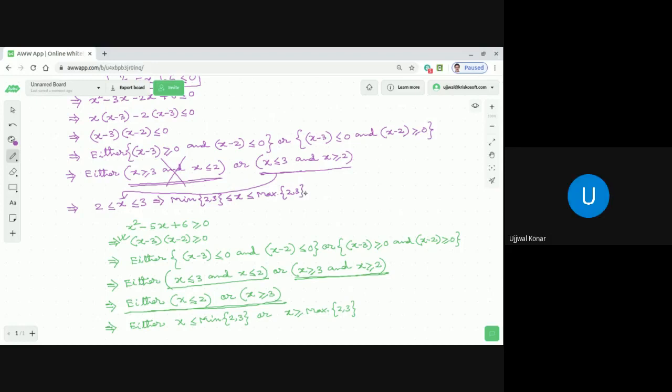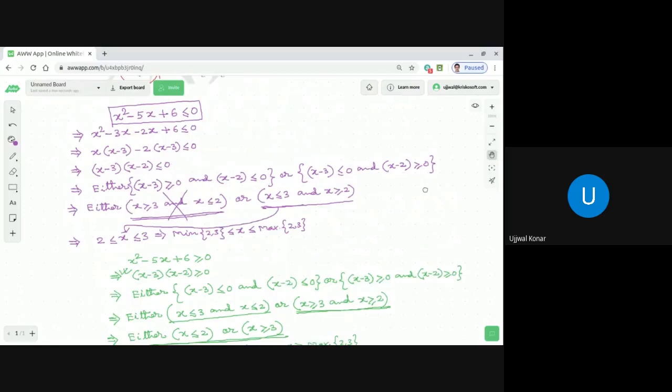So that gives us a big lesson. What is the lesson, dear students? When you have x minus 3 into x minus 2, 3 and 2 are exact representations. Later, in another 5 minutes, I'll give you the exact theory behind that formula for inequalities.